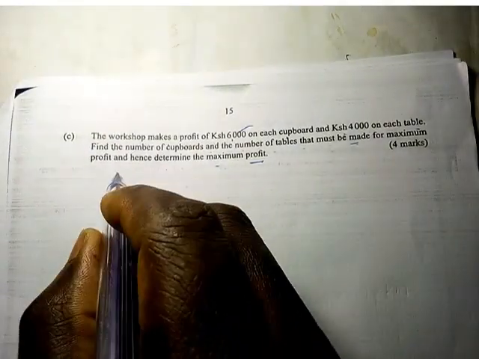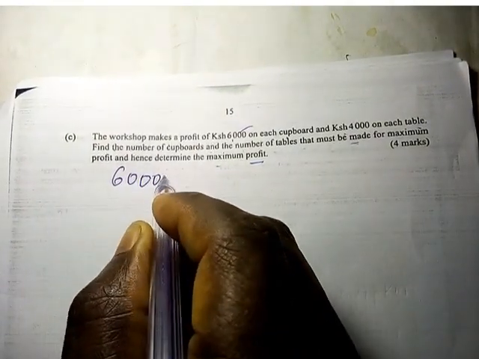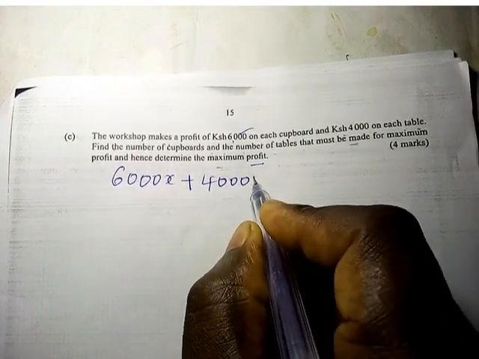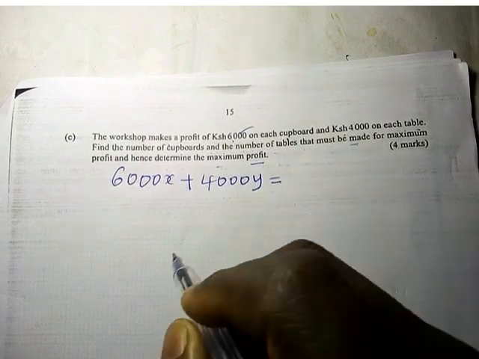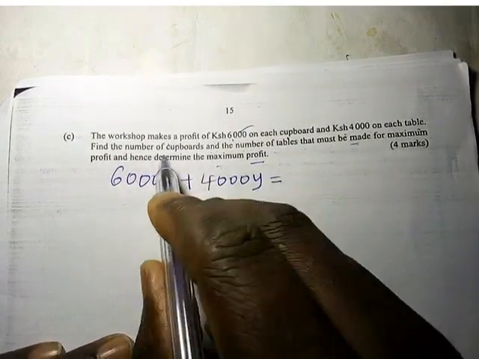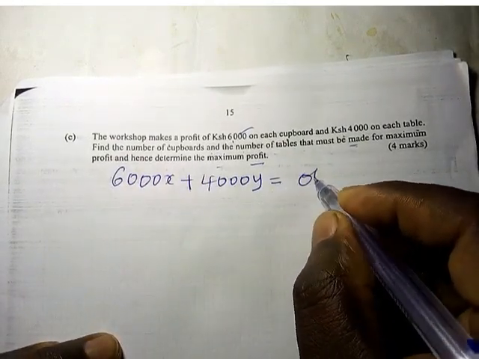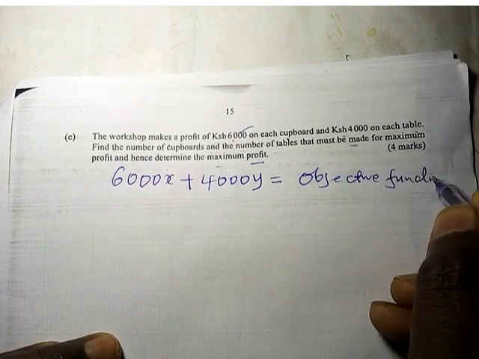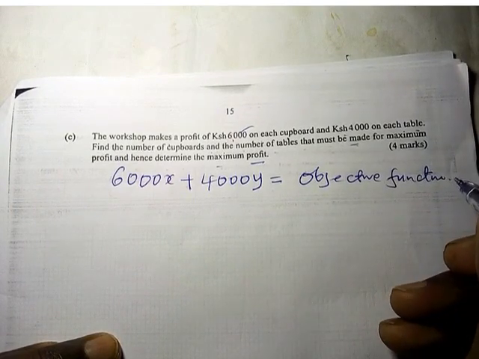So that will be 6,000 times x plus 4,000y, which will give us the maximum. This is called the objective function, which we will use to optimize.